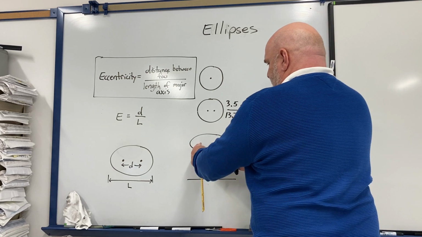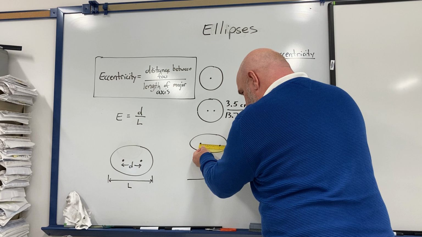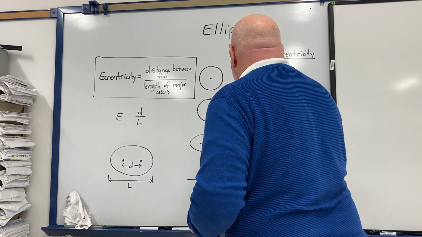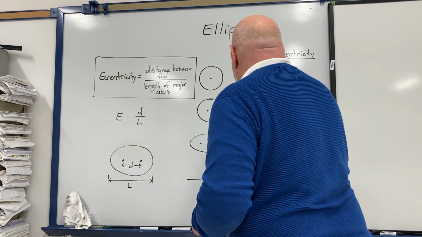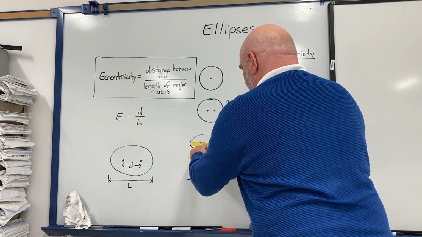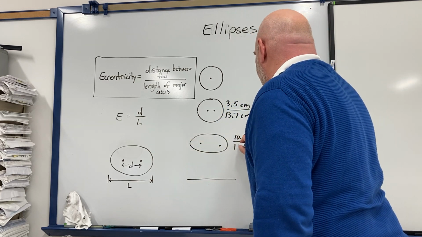Distance between foci, between the two dots, I get about 10.5 centimeters. Length of major axis, from there to there, I get about 19.3 centimeters.